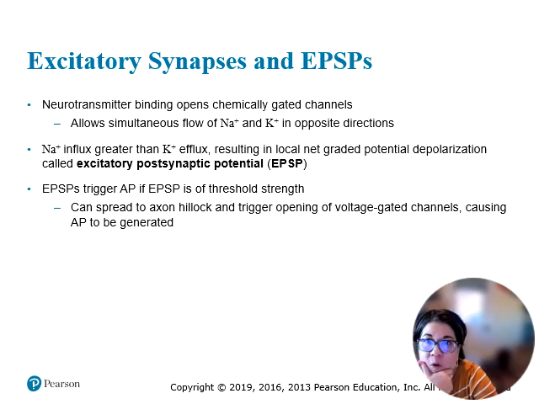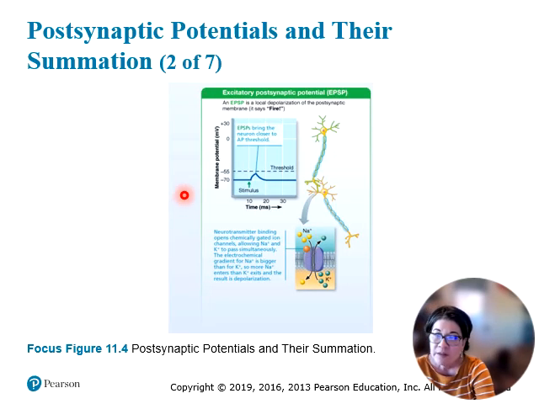Okay, so neurotransmitters bind to chemically gated channels, and all of that's going to add together to determine if it's excitatory or inhibitory. Inhibitory is going to be more of them saying no. Excitatory is going to be more of them saying yes. So it'll add it all together. So here's an example. This is one excitatory one that's saying fire, just one, but it's not enough to get it over that threshold.